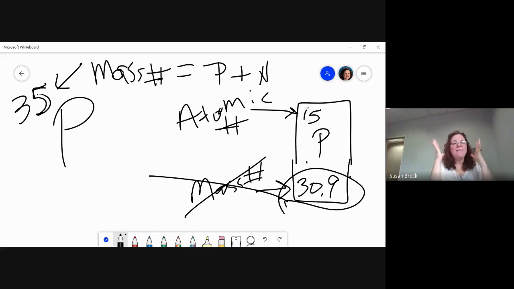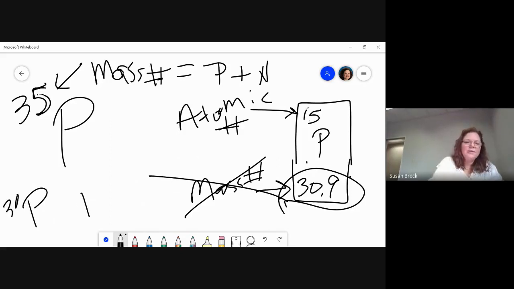That is the average of all the isotopes of this element. And an isotope is where you have the same amount of protons. So you have several atoms of the same element, same amount of protons, but different amounts of neutrons. So let's say we had an atom of P30, and an atom of P31, and an atom of P34.